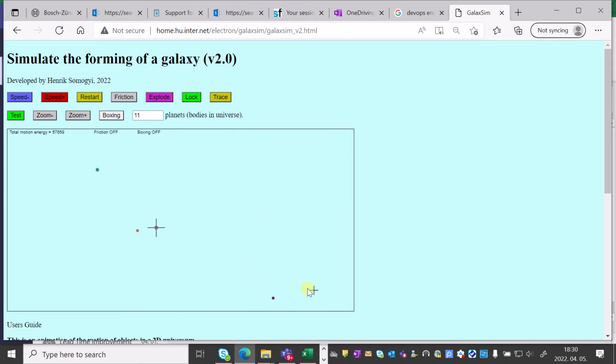Let's watch them further. Here we go. I position them at the top left corner and switch on tracing to see how nice it will be. Yeah, trajectories cross each other.